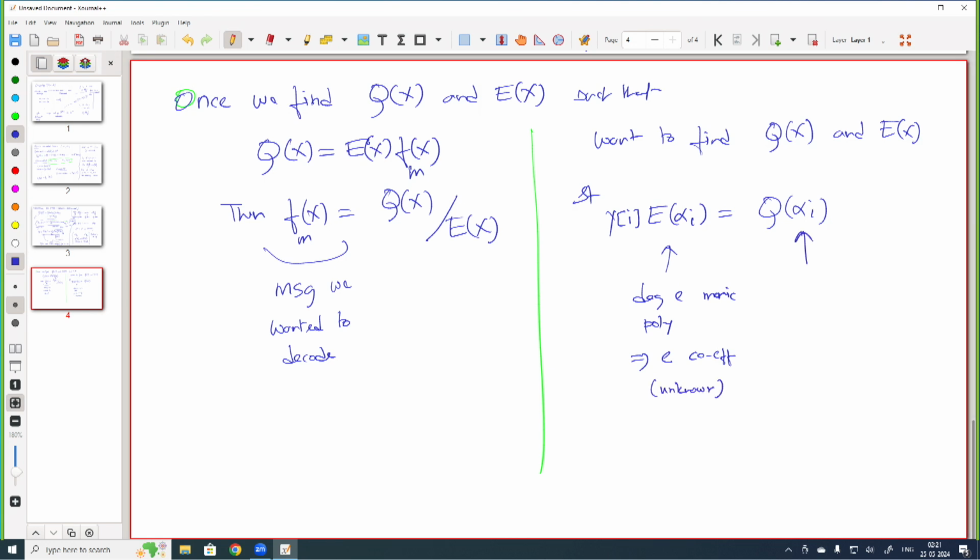And what about this? This was a polynomial of degree k plus e minus 1, which means k plus e coefficients, which are also unknown. Therefore, the number of unknowns is equal to k plus 2e.